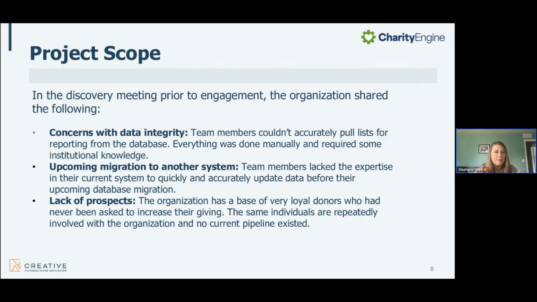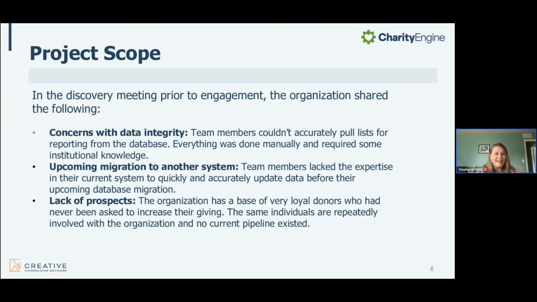Team members couldn't accurately pull lists from reporting for their database. Every report was manual. Celebrating 40 years, they had no understanding of how much success they'd had over those years, legacy donors, et cetera. There's a lot of institutional knowledge. So that's red flag number one: not being able to actually do anything with the data itself.